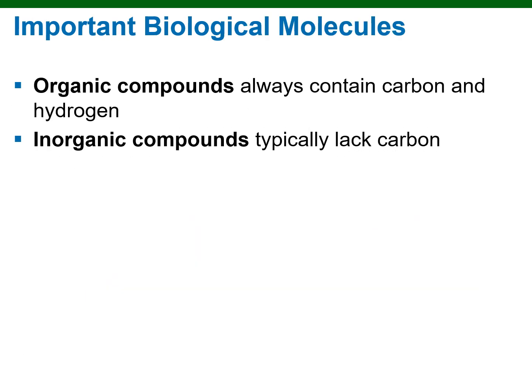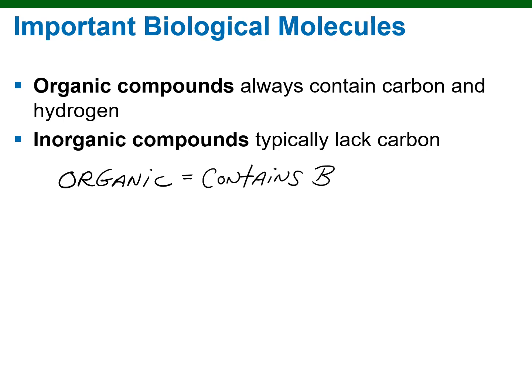Let's take time to define these two key terms, organic and inorganic. Compounds that are considered organic, according to our book, are compounds that contain both carbon and hydrogen at the same time. So organic contains both.